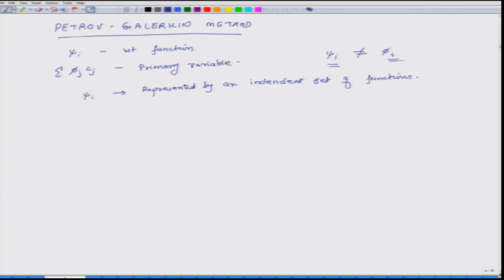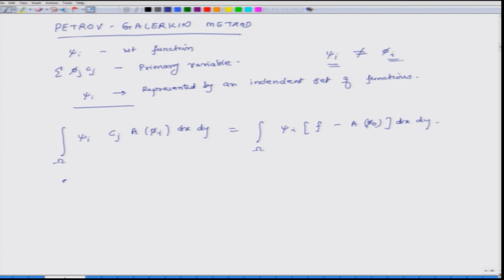Now suppose our residue was expressed as the integral over the domain of psi I times C j A of phi I, dx dy, equals some forcing function: the integral of psi I times some function of x minus A times phi naught, dx dy.